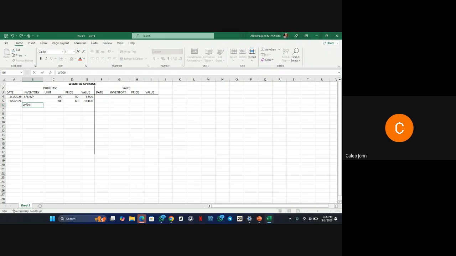Yes, sir. Weighted average. What is the total value of our stock? That's 400. What is the total amount? 1,100, Abi. Is it 110? 50 plus 60. Yeah, 110.